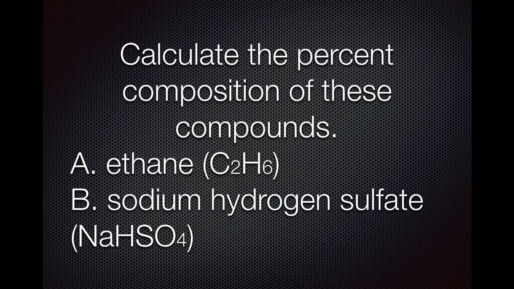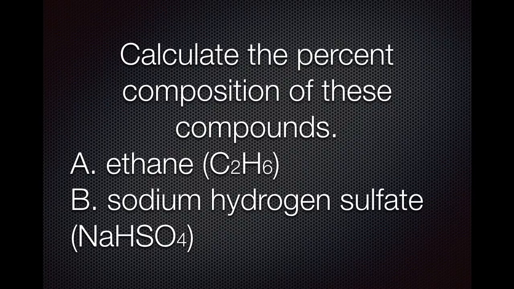So sodium would be 23.0 divided by 120.1 grams. You should get 19.2% sodium. Then for the hydrogen, you go 1 divided by 120.1 grams times 100 to give it a percentage. It would be 0.8% hydrogen.